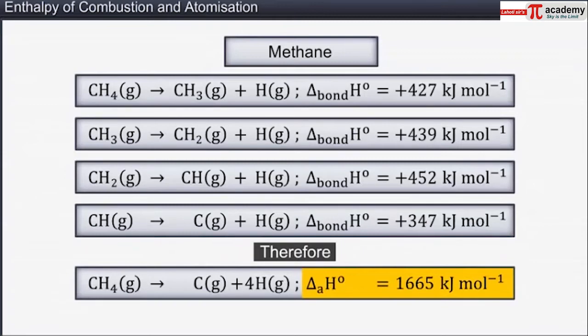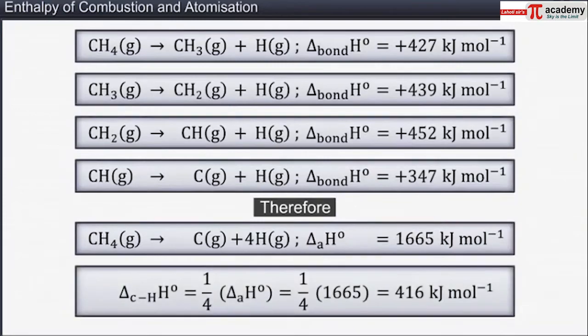Hence, in such cases, we use the term mean bond enthalpy instead of bond dissociation enthalpy. Thus, mean C-H bond enthalpy in methane is 416 kilojoules per mole.